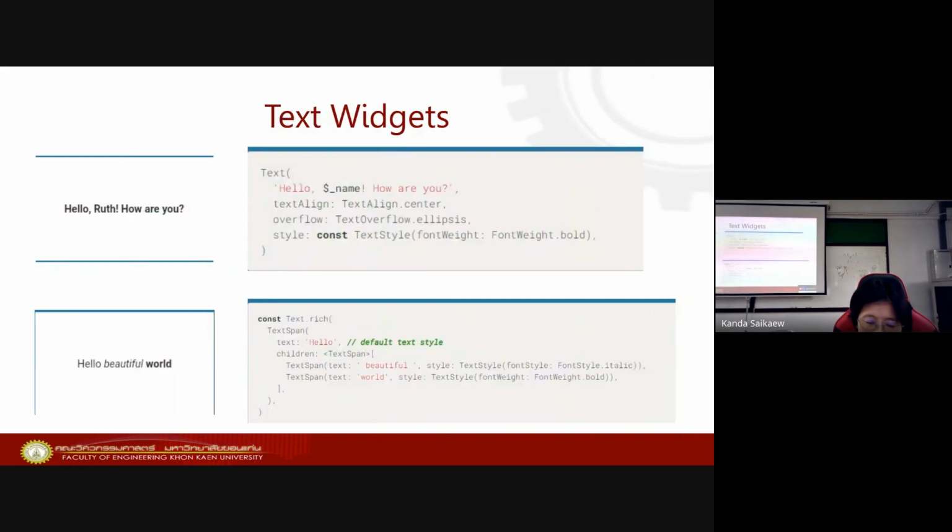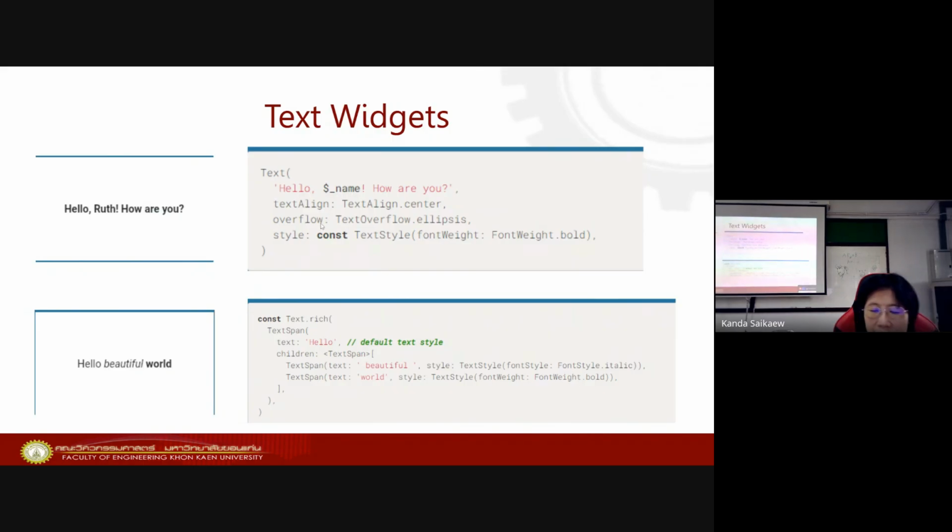Okay, let's see examples of these widgets. For the first part, we can see that here we have text, right? And the required parameter is the string that we want to display by using that text widget. If we want to have the text at the center, then you can specify the text align property.